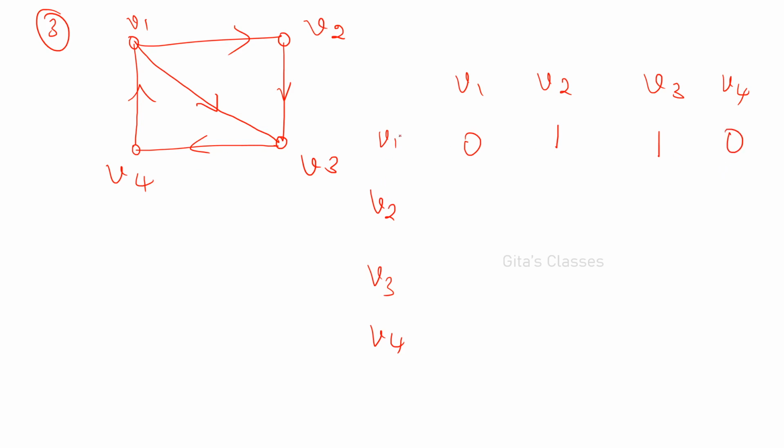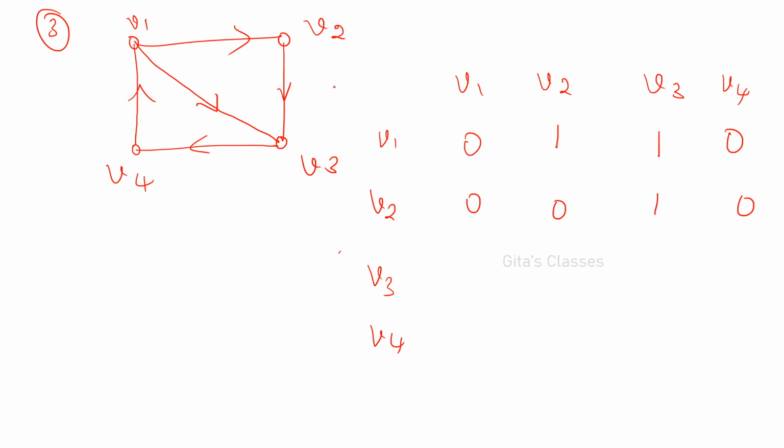Okay. Similarly, V2. From this vertex, always from here, row to column. So, from here, A comma B means here you have to consider this row first, then only this side. So always from this to this, from V2 to V1. It is not the other way around. Okay. So V2 to V1, is there any edge? No, 0. So next is also 0, 1, 0.